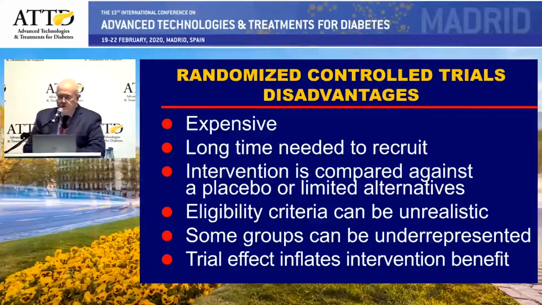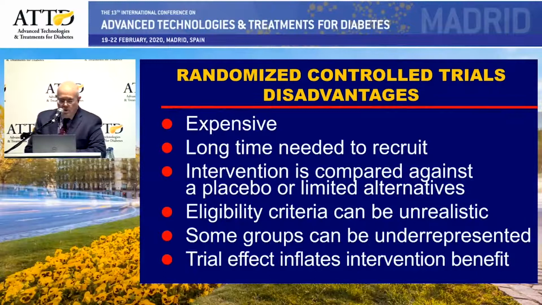In some cases, clinicians have noted that the eligibility criteria can be unrealistic. It might be that you document that a certain treatment works in a certain type of patient, but there are a lot of other types of patients out there that were not in this protocol. Also, it turns out that some groups can be underrepresented. You're just looking at a select group of patients.